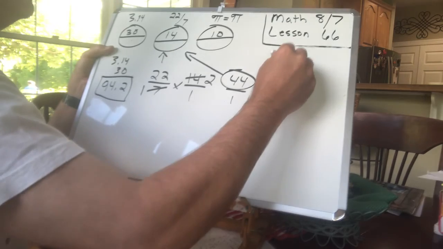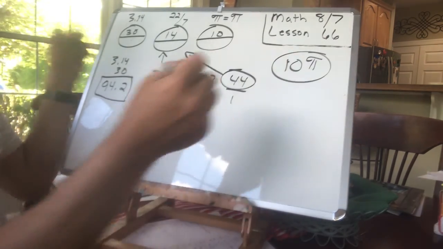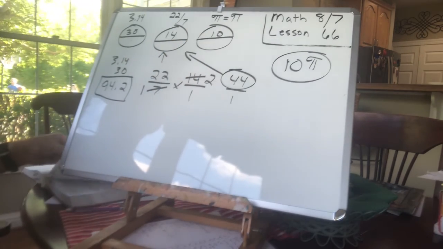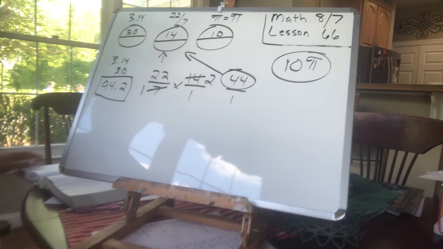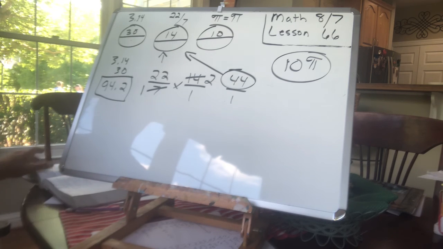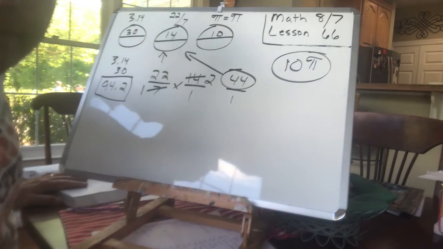Well, the diameter is 10, and I leave pi as pi, 10 times pi. That would be my answer for that third example that they give us. All right? It's pretty easy. And they give you a few more practice problems. They give you 3 more circles as a practice problem. Okay? That's today's lesson.